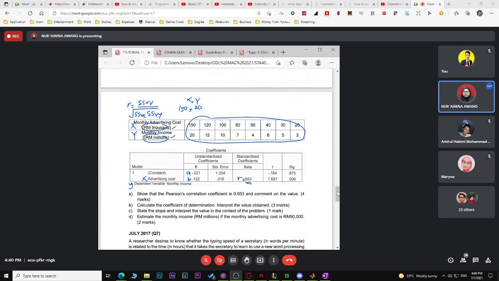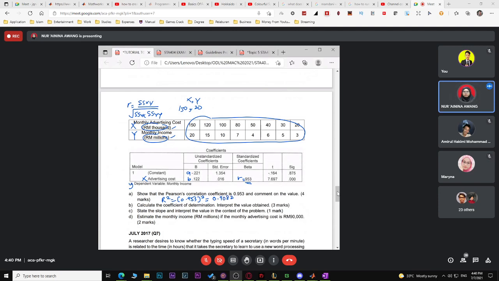So we say that there is a strong positive linear relationship between advertising cost and also monthly income. So that is for A, and then for B, calculate the coefficient of determination since you already have the value for your correlation coefficient. So for coefficient of determination, you just squarekan the value. Okay, you just squarekan saja, and then the data is in decimal.